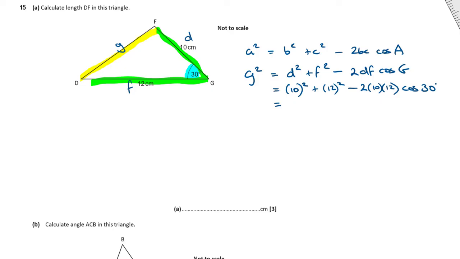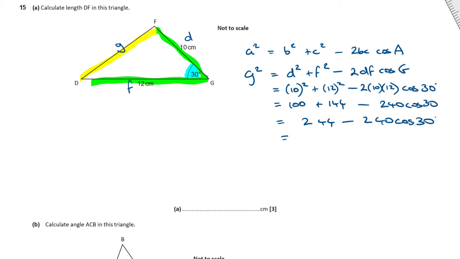You could just type all that in. I tend not to. I tend to just do what I can mentally. So 100 plus 144, which is 244, and then minus 2 times 10 times 12. 2 12s are 24, times 10 is 240, so 240 cos 30. So it doesn't take long to simplify it down like that. Then it's a whole lot easier to type into the calculator.